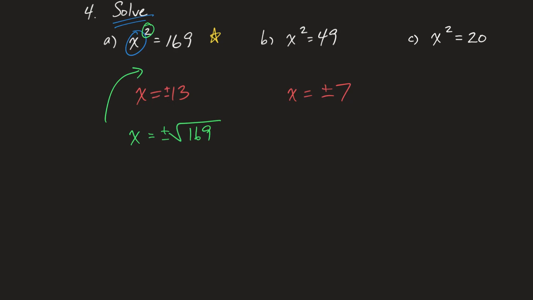Okay, we're back. So question C kind of throws a bunch of stuff in together. I would hope we'd say the exact same thing. I'm solving for x equals, I've got to get rid of my squared, so I take the square root. The square root I chose to do gives me 2 answers, plus or minus. But when I go to calculate the square root of 20, I can't get that, not exactly.